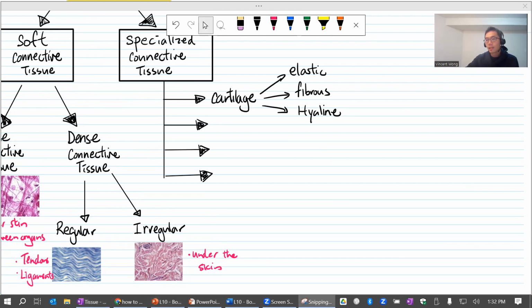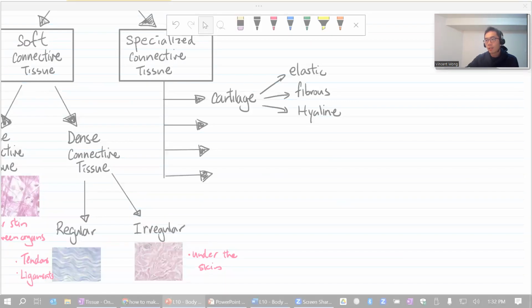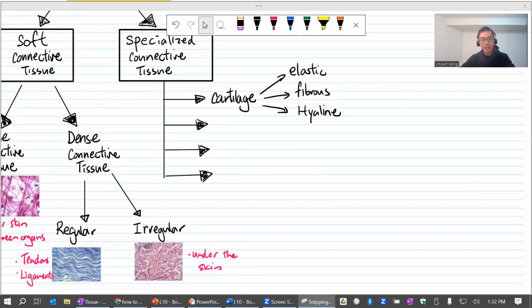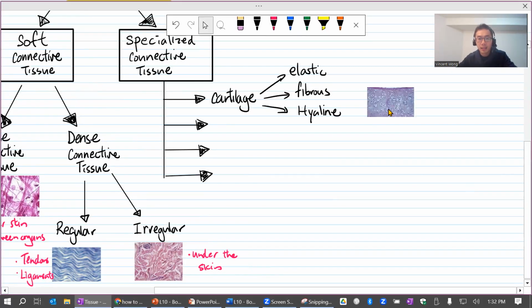These are the ones that look like little crystal beads. That's the one, the crystal beads.